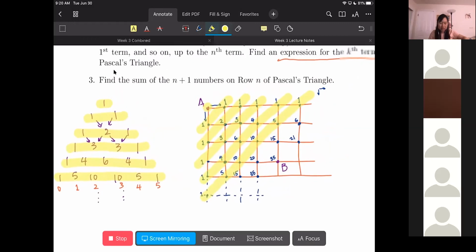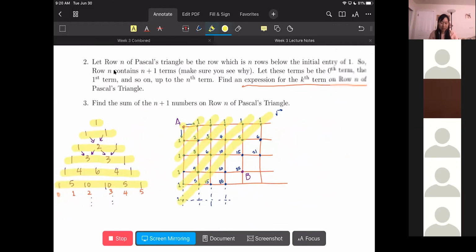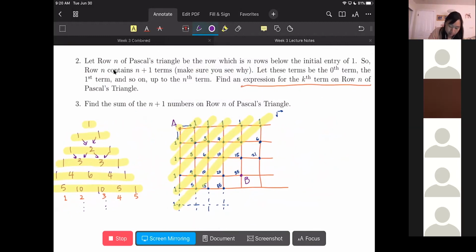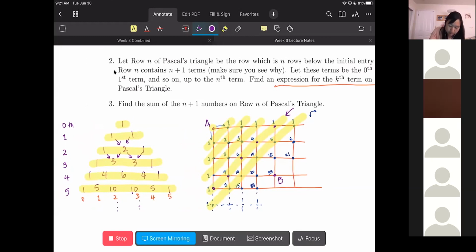Cool. So going back to the initial problem, if we wanted to think about this in a pathfinding way, we want to find an expression for the kth term on row n. What we see here is that in row n, anything along this diagonal, for example, this point, this point, this point, this point, or this point, is in row 4 here. This is row 0, 1, 2, 3, 4.